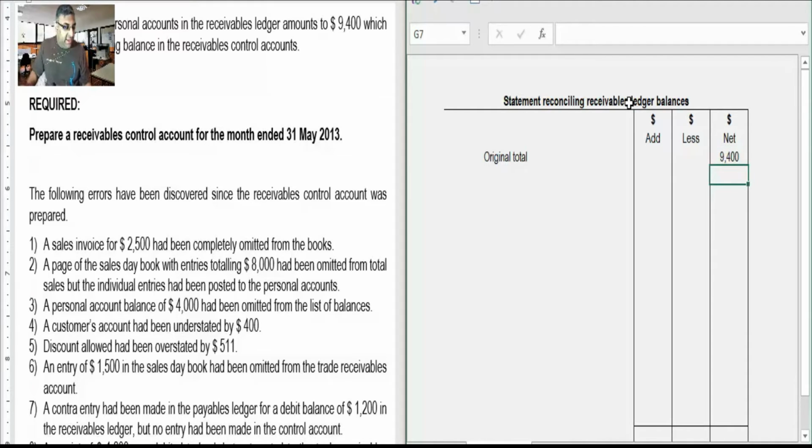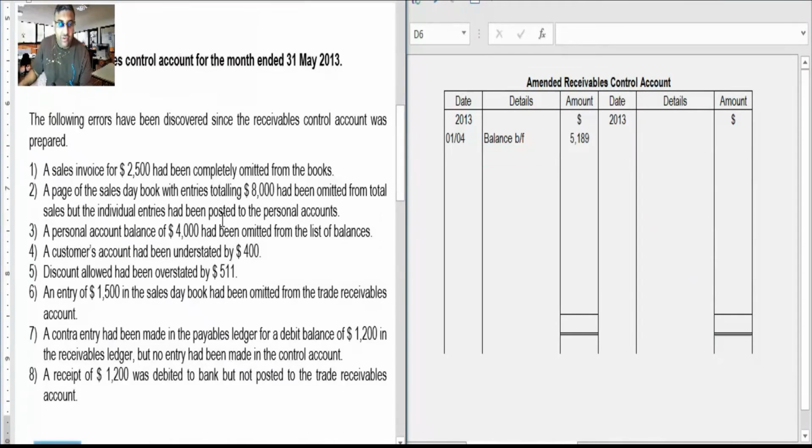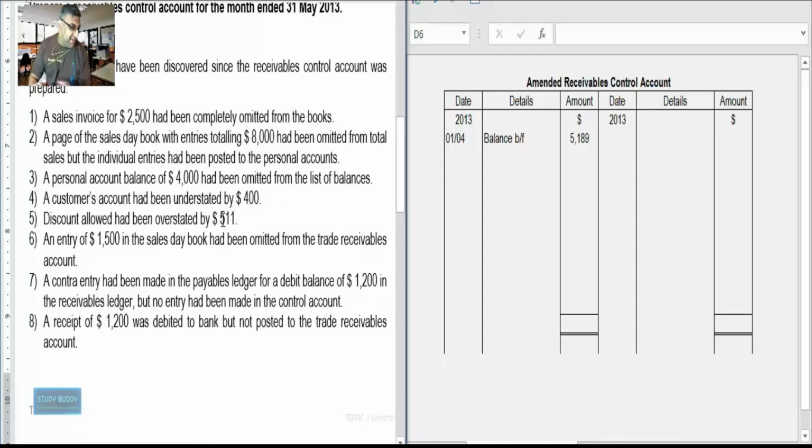So now we take each error one by one and consider the relevant corrections to be made, either in the amended receivables control account or in the statement reconciling the receivables ledger balances, or in both of them. The first error. A sales invoice of $2,500 has been completely omitted from the books.